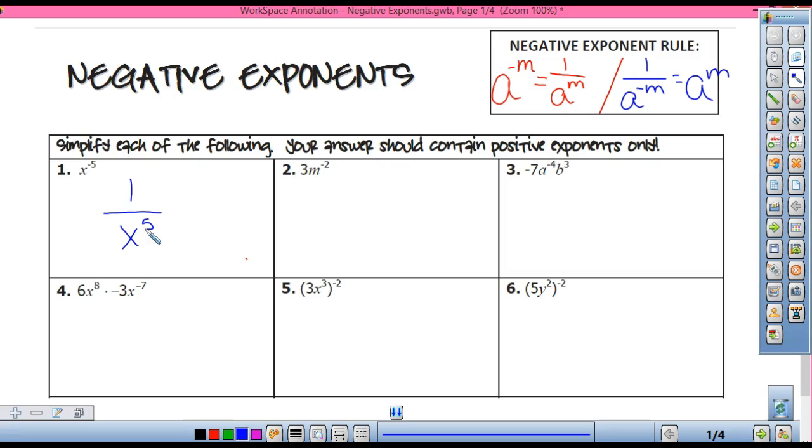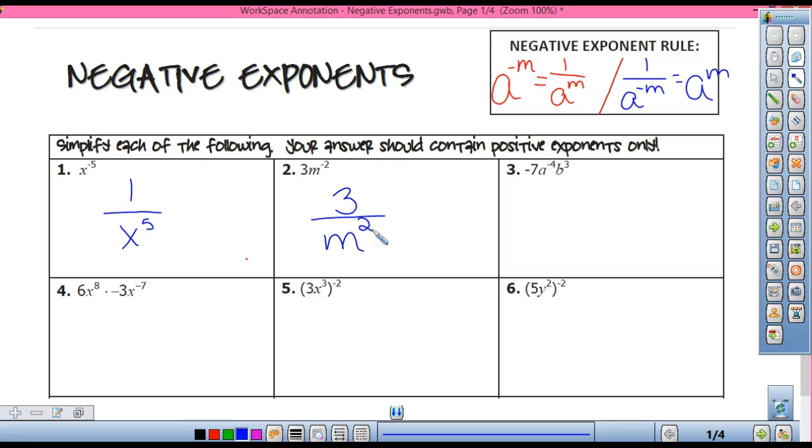No. So that's not going to move to the bottom of my fraction. I leave my 3 where it's at, and that's going to be my placeholder in the top. And then since it's m to the negative 2, where does that have to go? To the bottom. So we're going to move that m, and then it becomes positive.